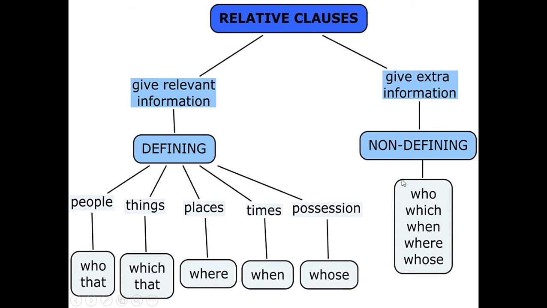And we have got tools for defining and non-defining relative clauses like who, which, when, where, and whose. Of course, who or that for people, which and that for things, where for places, when for times, while whose for possession. And the same with non-defining. So the only difference between defining and non-defining relative clauses is that defining give relevant information, while non-defining give extra information.